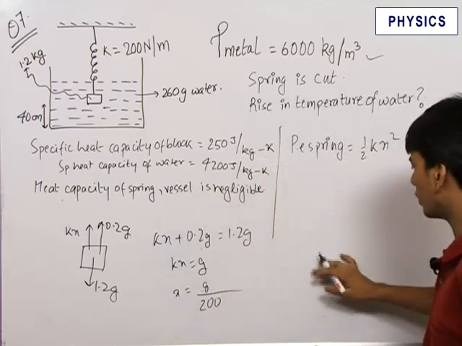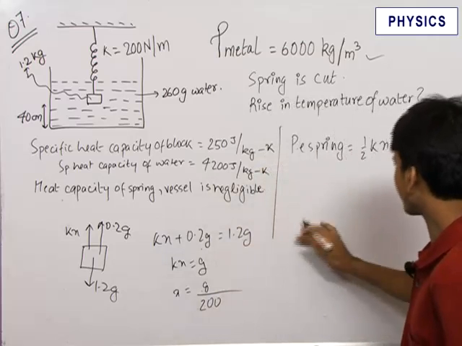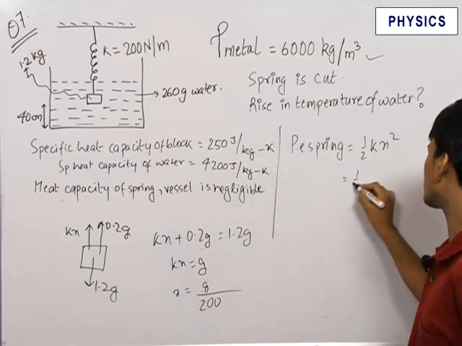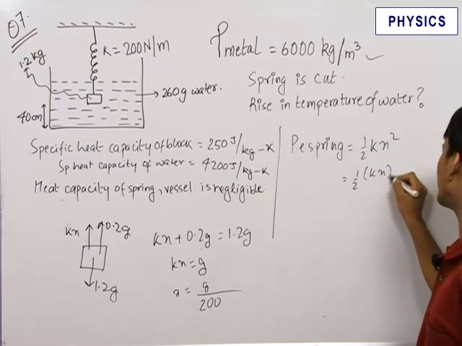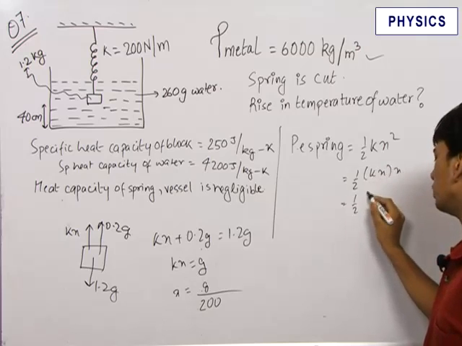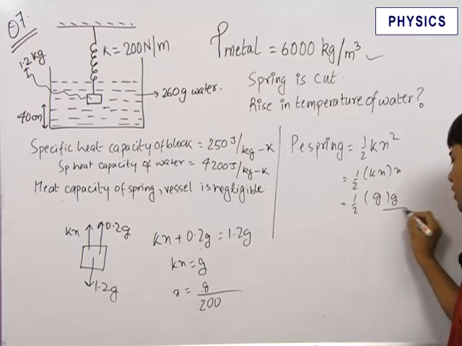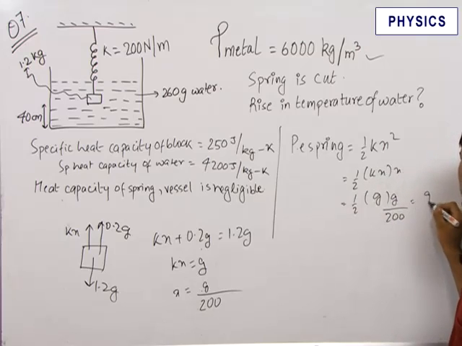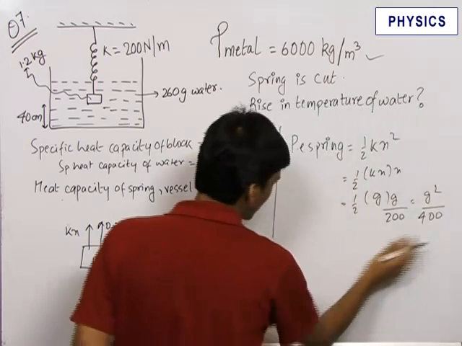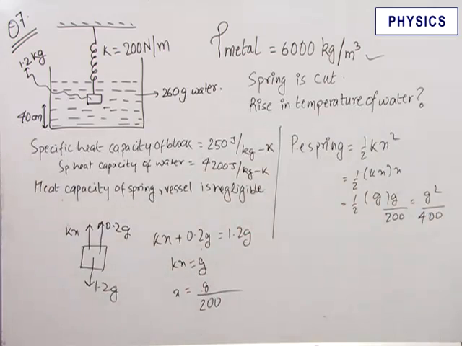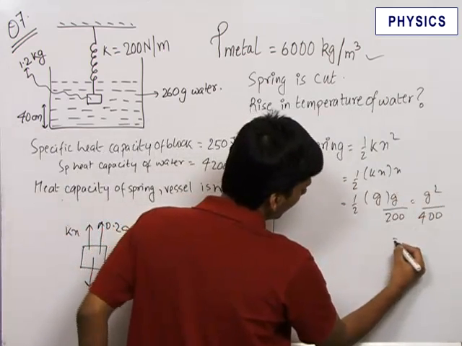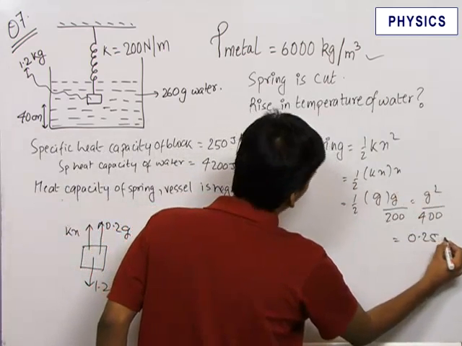By filling in this value over here, we get potential energy of the spring was equal to half into kx into x, this is equal to half into g into g upon 200, that is equal to g square upon 400. This was the initial potential energy of the spring. So taking the value of g as 10 meters per second square, we get this as 0.25 joules.